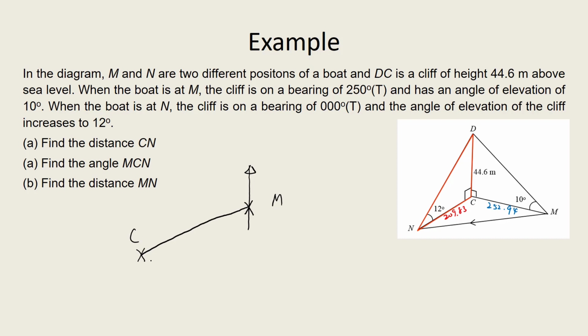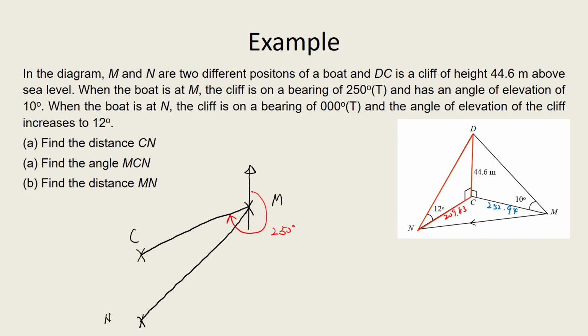So this is my point C, and this angle down here will be 250 degrees. Then the boat travels to point N. The bearing of the cliff from point N is 0 degrees.